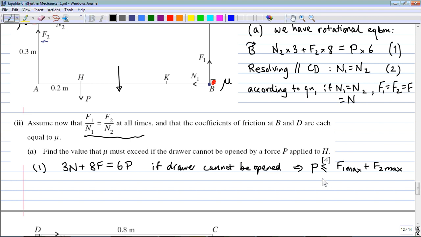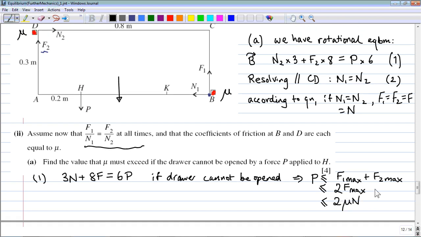So that gives us, now F1 we already said is equal to F2, so let's maybe write that as 2F max, but F max will be mu times n, won't it? So it will be less than or equal to 2 mu n.